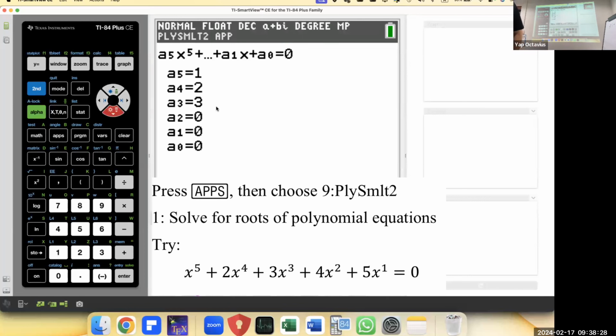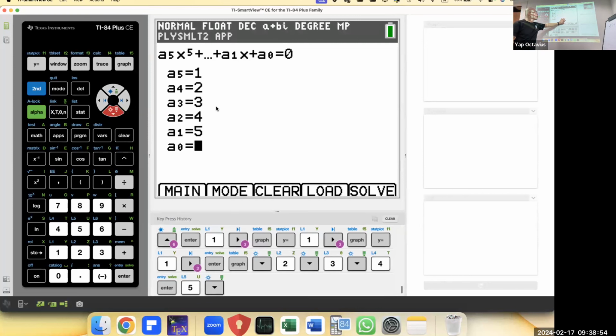Then A2, the x squared term, is 4. A1 is the x power 1, so 5. The constant term A0 is 0. So you must learn how to read this, because keying in is not an issue for young people, but the problem is the reading. Then you press the graph, and you can solve.